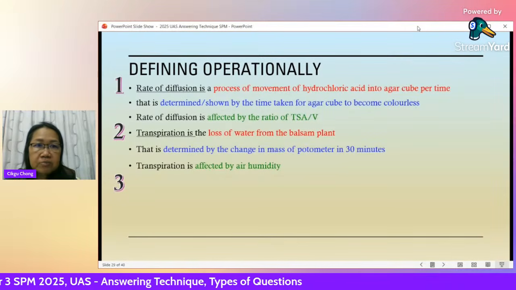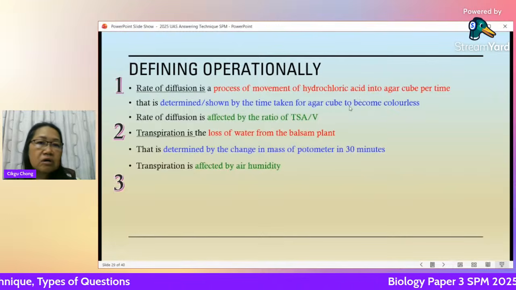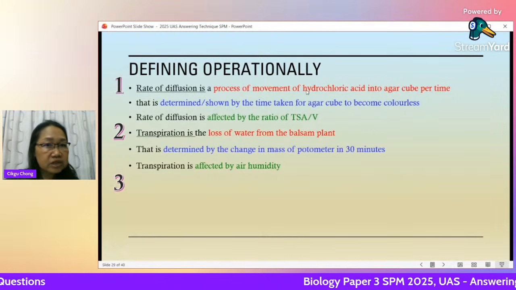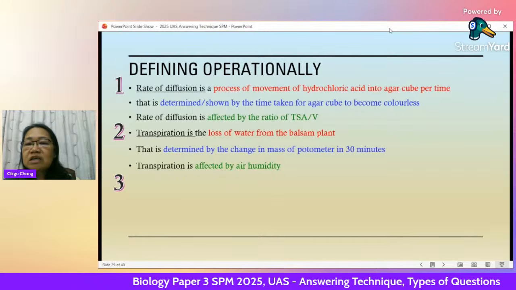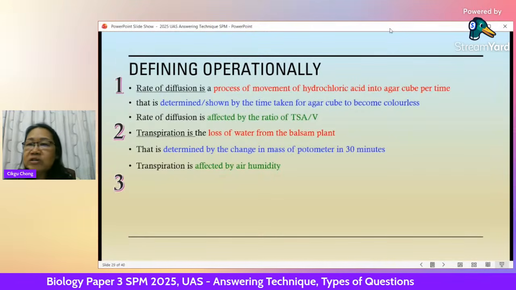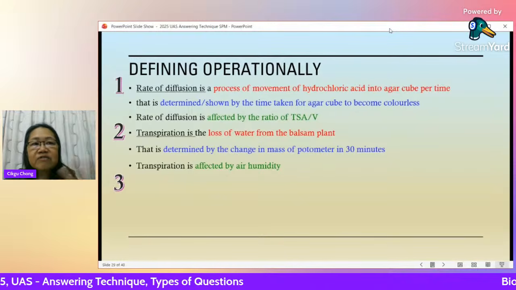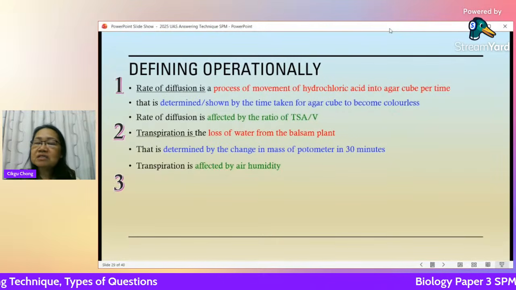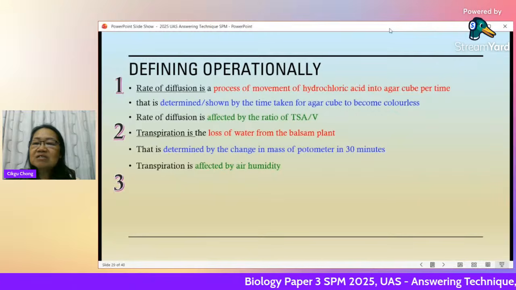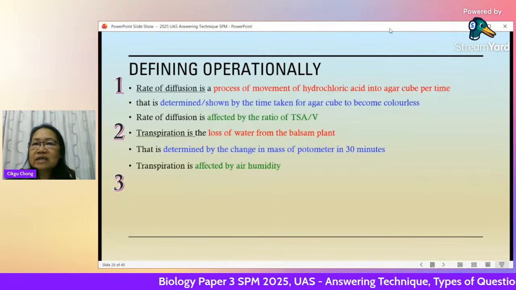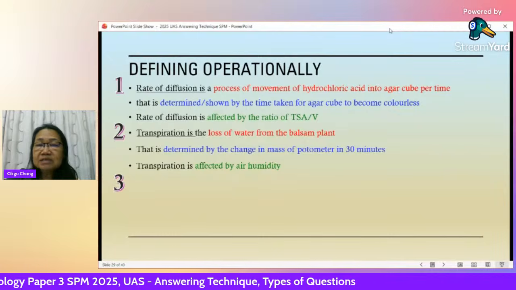Not every experiment uses 30 minutes, not all use balsam plant, not all experiments use hydrochloric acid. You must write whatever chemical is used. So if the theory is given there, you don't write the theory. A question that gives the theory is definitely not defining operationally, because defining operationally is not theory. So I think it's very specific. Okay, next week I'll give you examples of questions.